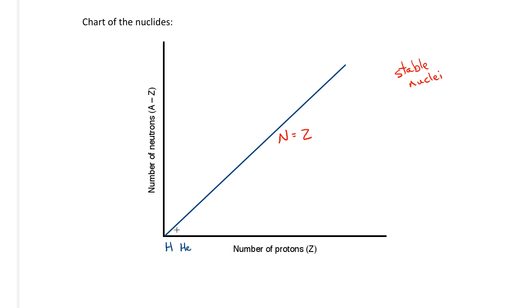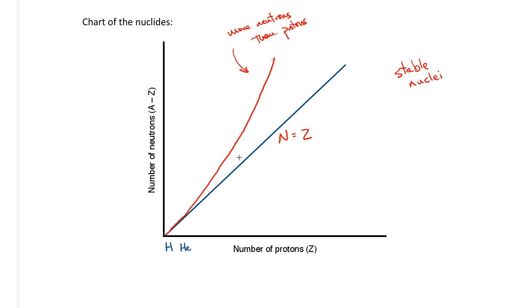What we see instead is that the graph is along the line at the beginning and then curves upwards. In other words, down here for small nuclides, we have the same number of neutrons as we have protons, but up here we have more neutrons than protons. Again, because the neutrons are providing this glue to hold the whole thing together.